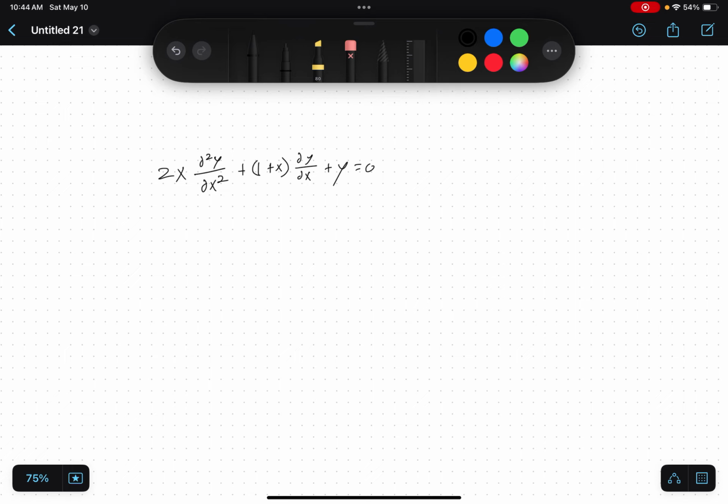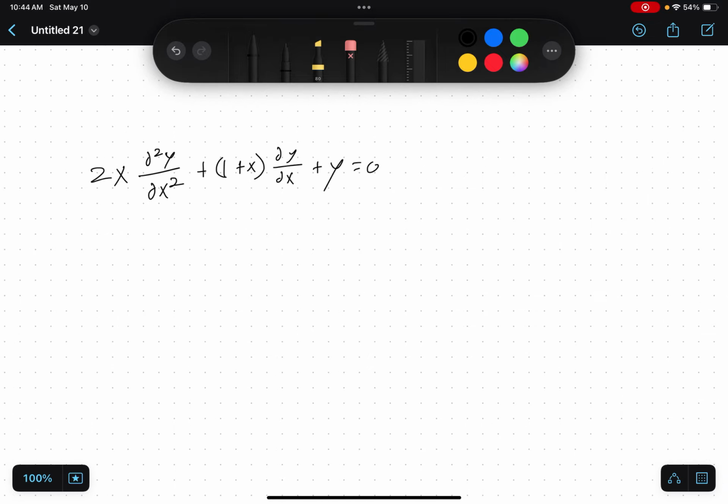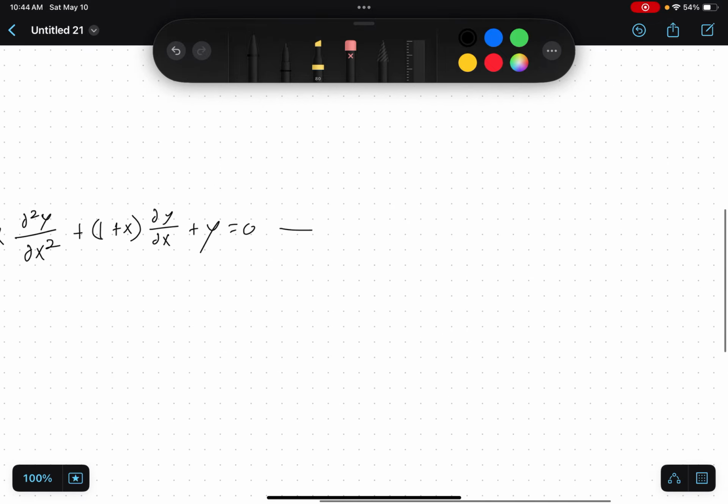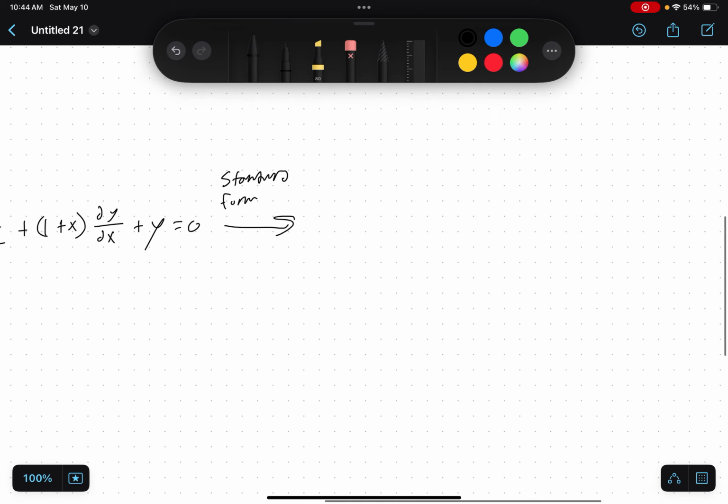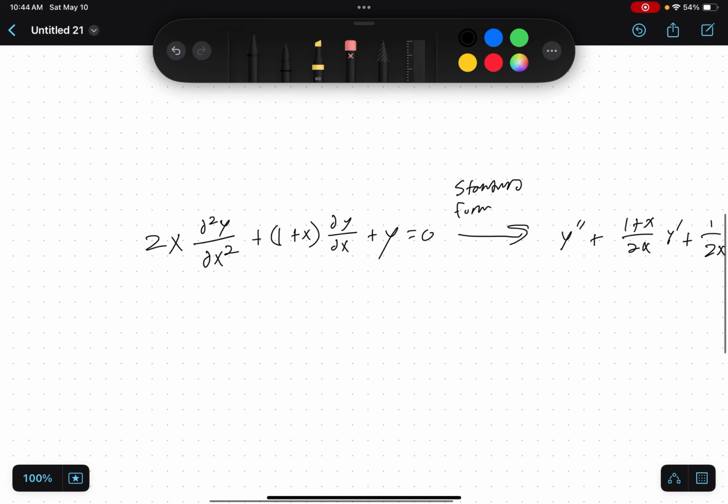Before you even do that though, you need to write this in standard form. So all I did was literally just divide by that 2x.